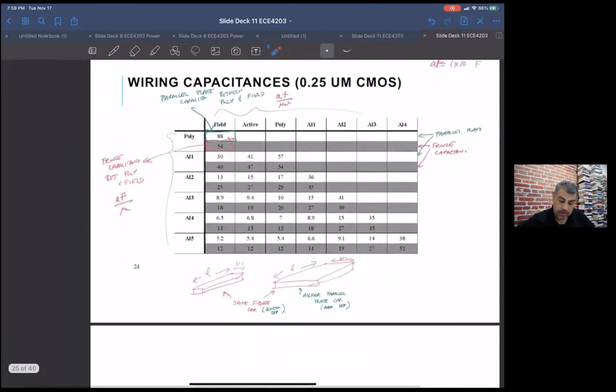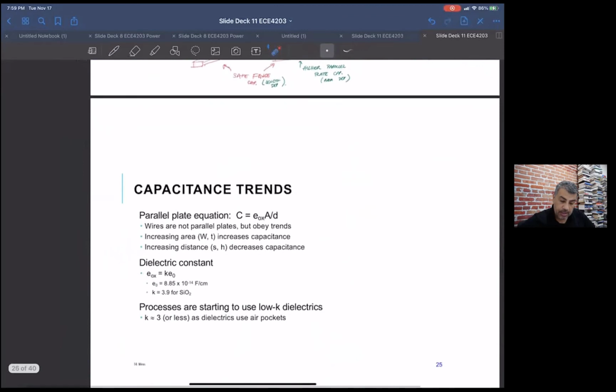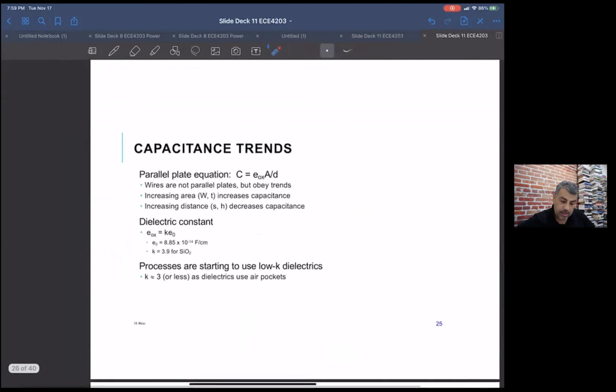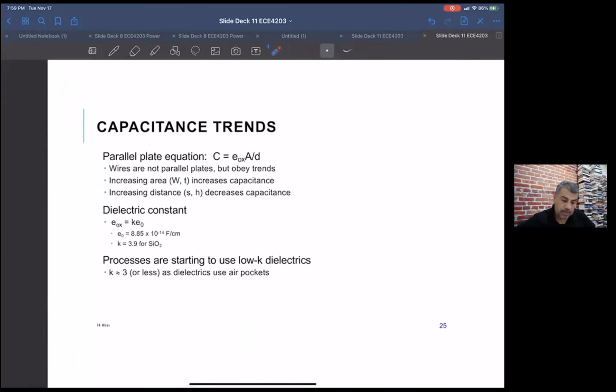Let's see what else. Okay. I think the main thing I want to say about this, because most of this is pretty obvious, is that one of the things people are trying to do, just like people went from aluminum to copper to reduce resistance, is use something called low K dielectrics. The K stands for the dielectric constant that you multiply by the permittivity of free space for a material.